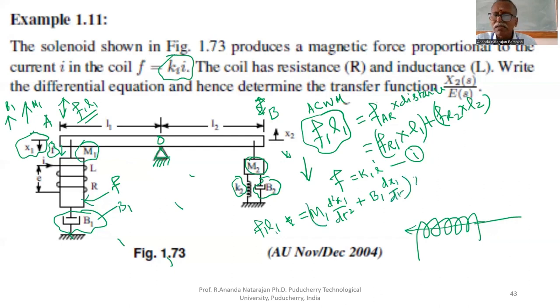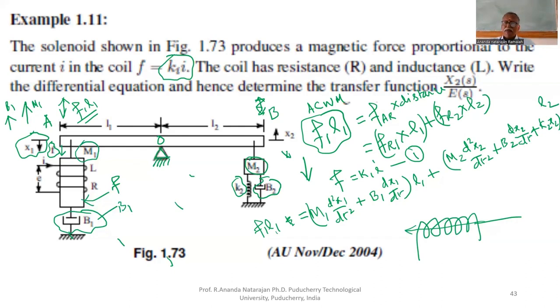Plus, at this end, the reaction forces developed because of M2: M2 d squared x2 by dt squared, plus B2 dx2 by dt, plus K2 x2, all multiplied by L2.